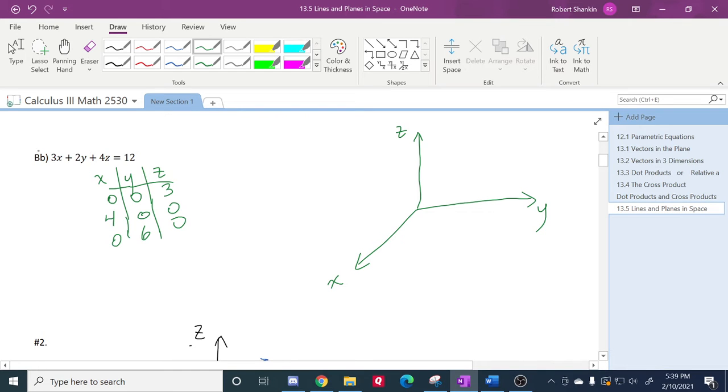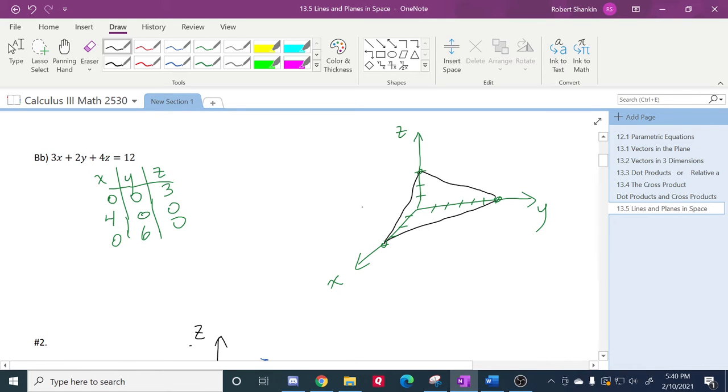So in 3-space, this is going to be a 2-space plane, and then 3 points are going to determine that, and up 3, and 4 out on the x-axis, and 6 on the y-axis, and then we take these points and we connect them.